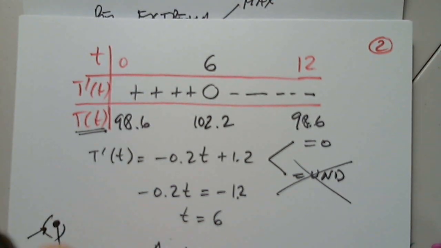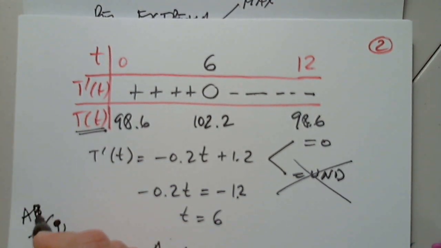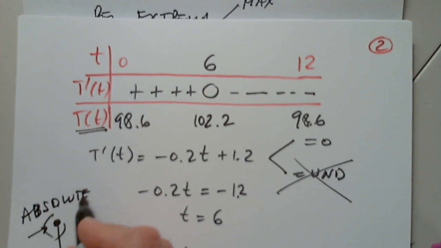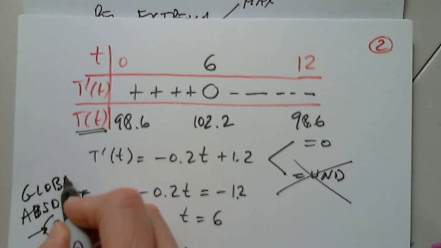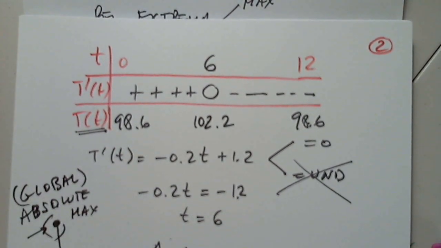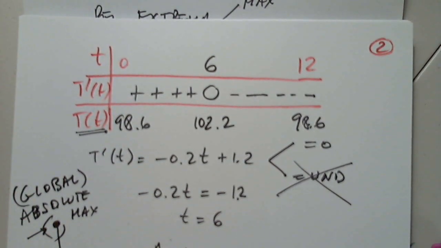We will call this one an absolute max. Of course, we use two different words, absolute or global. So for this function, this is the absolute or global maximum, but it cannot be relative because it's at the endpoint. This is nothing because there are values lower and values higher than it.